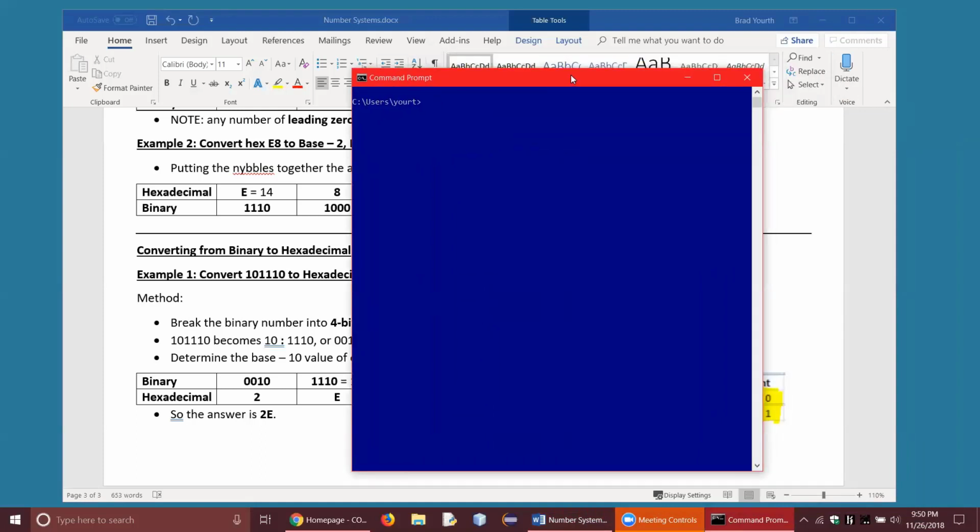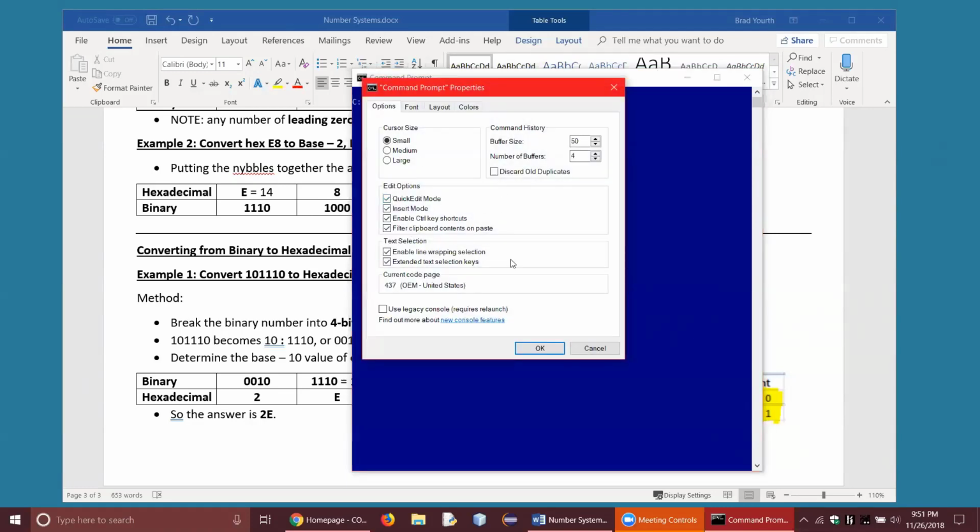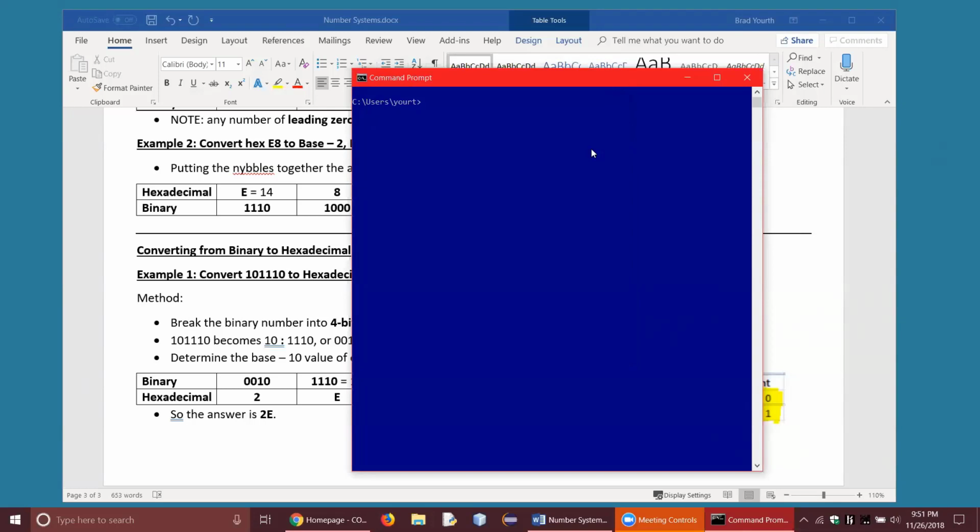Here's my command prompt on my computer. Now, I've got a blue background. Usually it's a black background. I've changed the color. You can do that too if you wanted to with the properties here. You can change colors and stuff like that in this so-called DOS window or command prompt window.